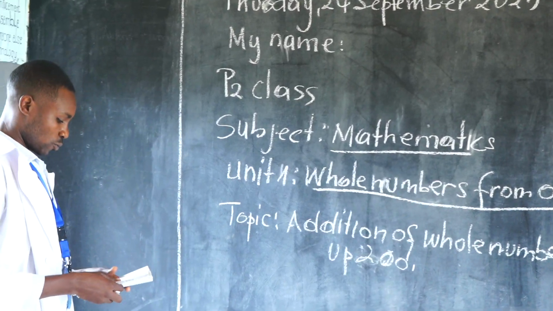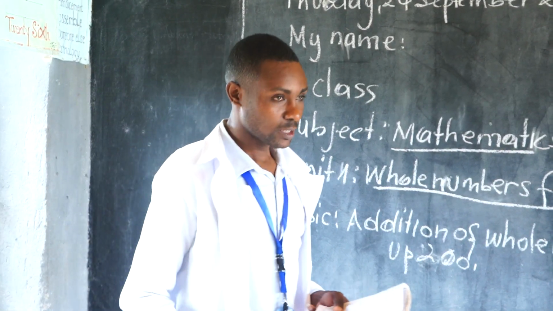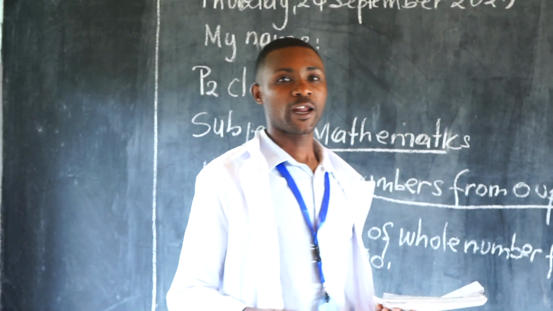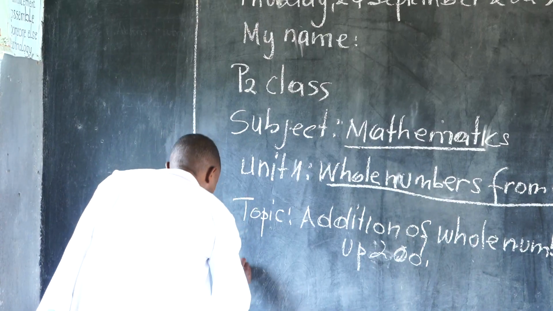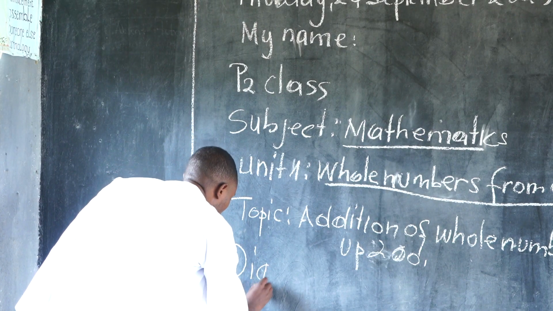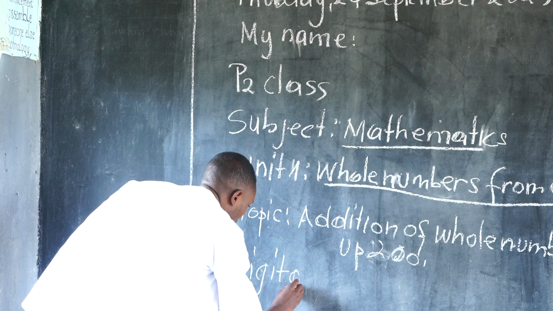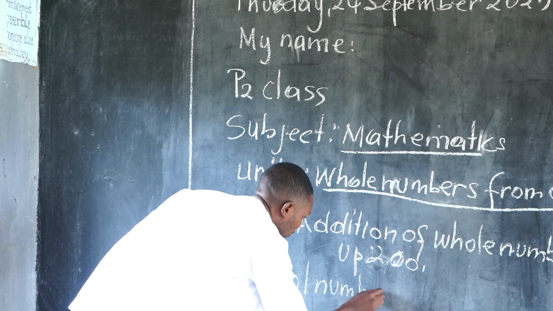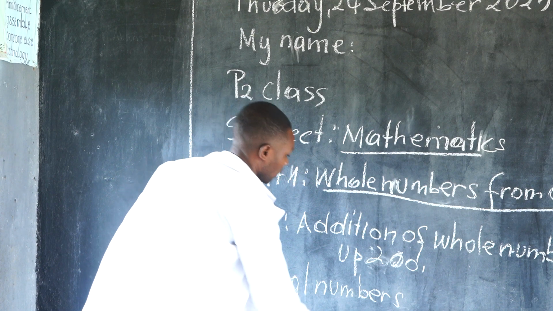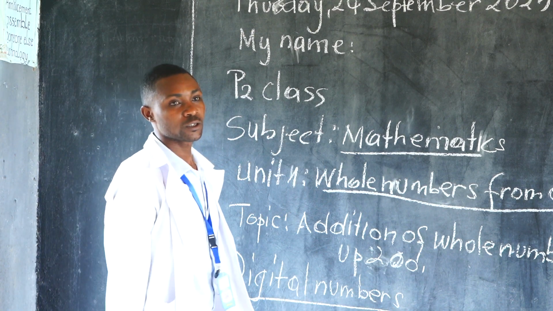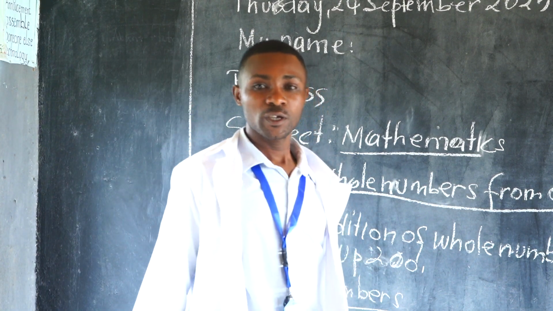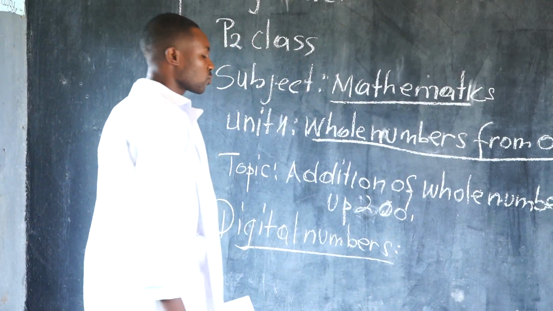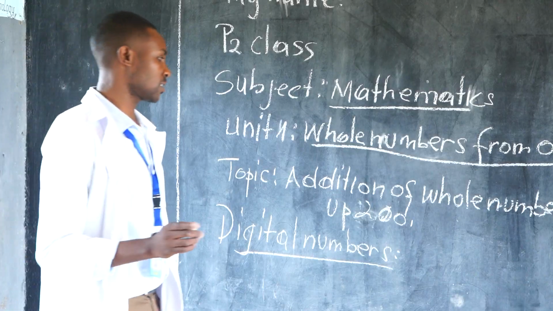As we see digital numbers, we have 10 digital numbers. In digital numbers, when we want to demonstrate them, we have to start with 0.